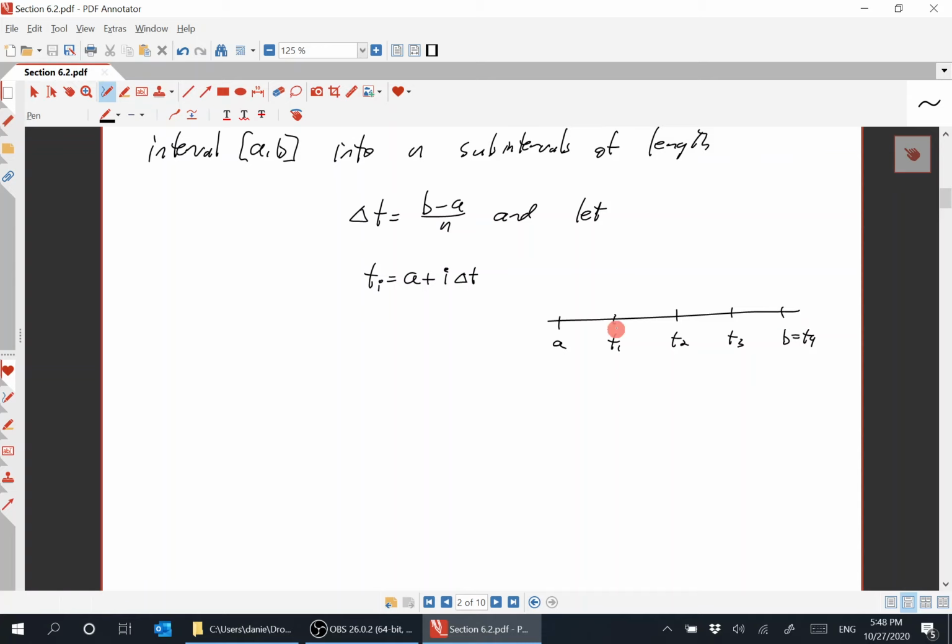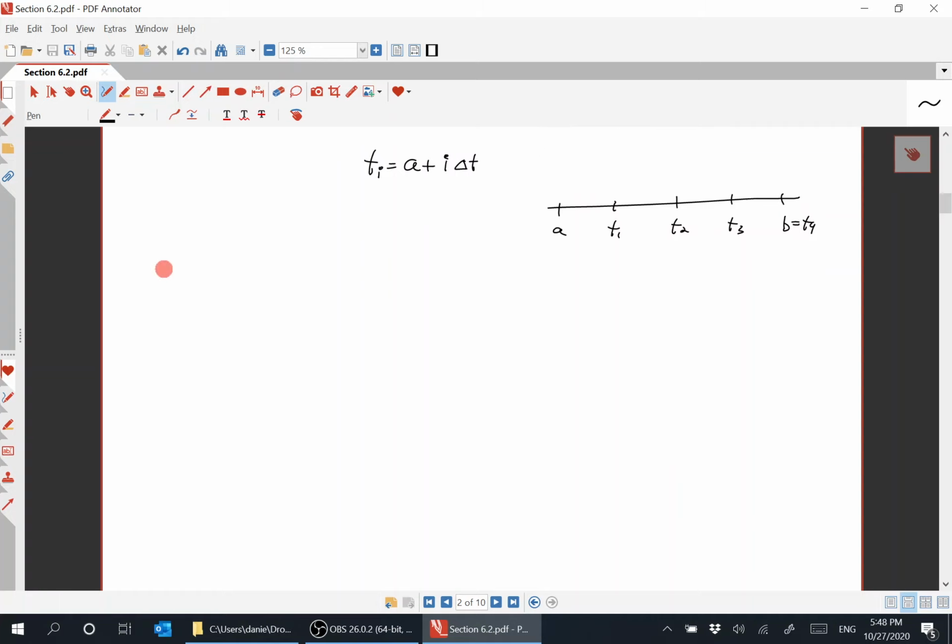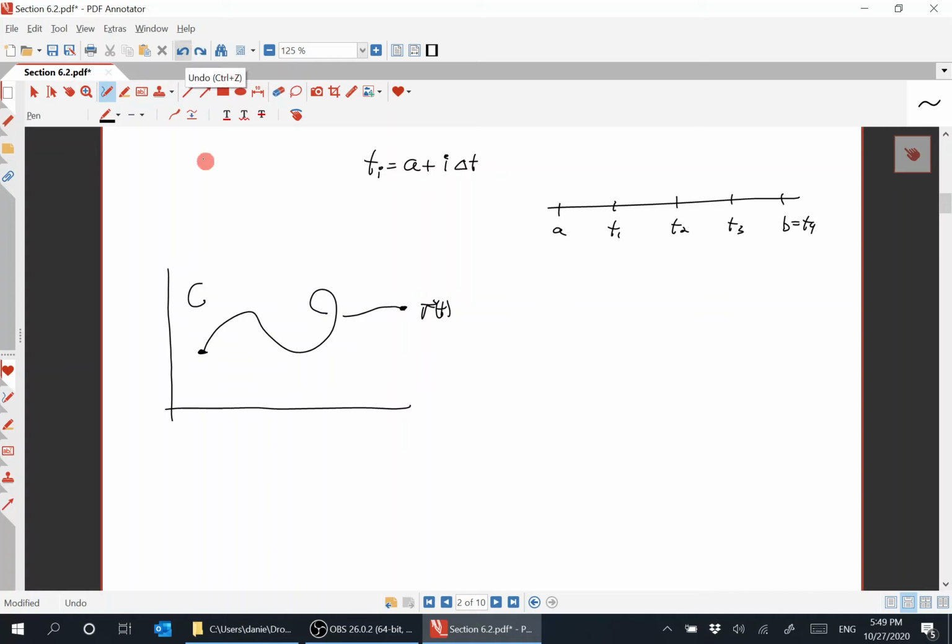So now take these points and plot them along the curve. Now I'll switch to a two-dimensional explanation. So you've got your curve C given by your function r of t, and we're in 2 dimensions now. It doesn't matter which direction we're going along the curve, so I'll leave these arrows out. The direction of travel isn't going to be important.